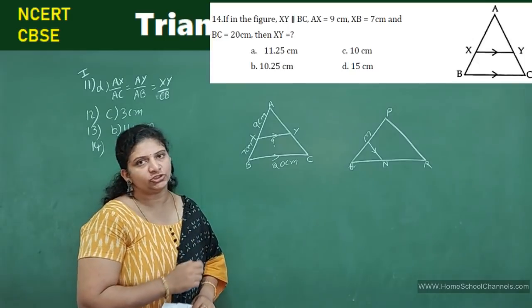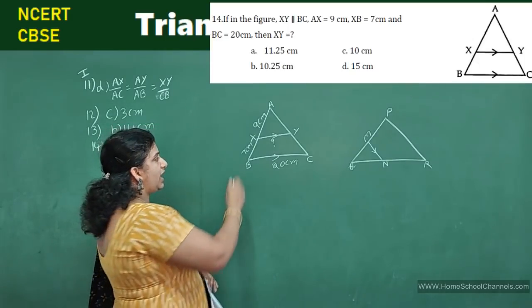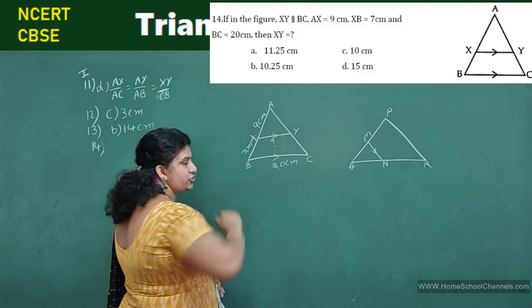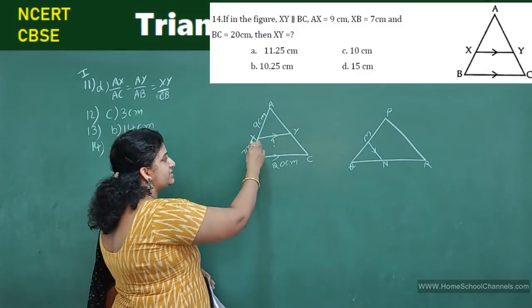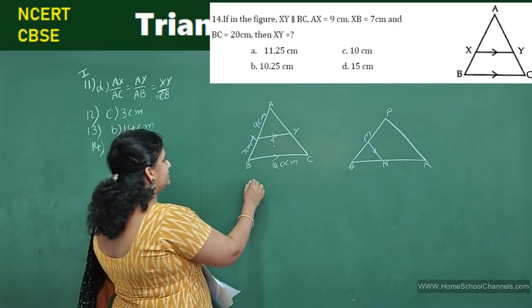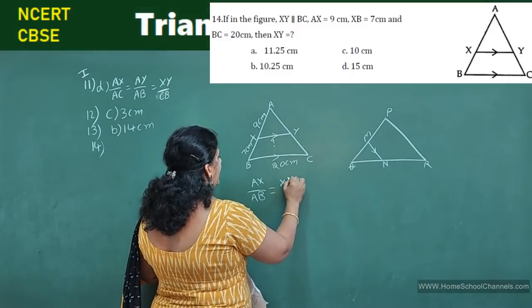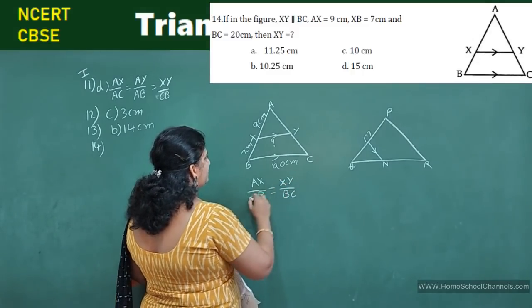By the basic proportionality theorem, I can equate the ratios, but I can equate only these two ratios. If you want this ratio, then you need to apply the corollary. That is AX by AB is equal to XY by BC.